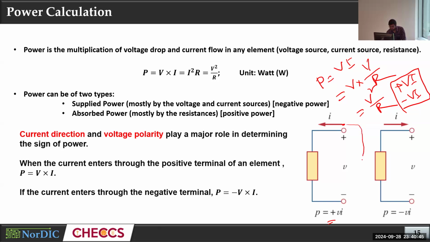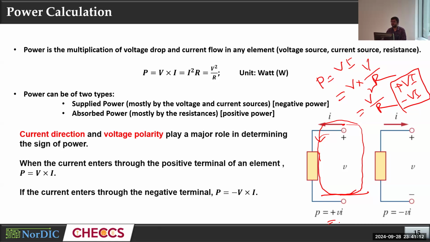The current is actually flowing through the whole circuit, like a loop. That's not open, they're always closed. So the current is entering through the positive node and leaving through the negative node. So that's why we use positive VI.